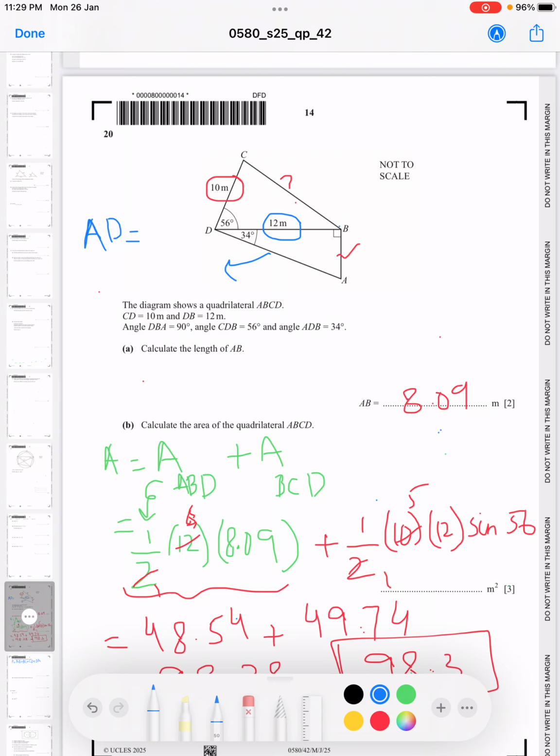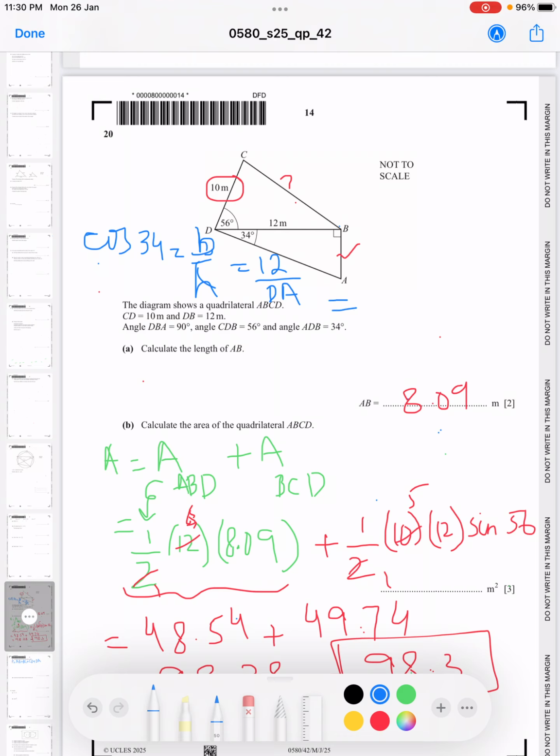sorry, not AD, I am shortcutting. Okay, I think we should write it in this way. Cos theta, let's apply the trigonometric identity. Cos of 34 equals to base by hypotenuse, right? So in this case, base is 12 divided by hypotenuse DA, right?